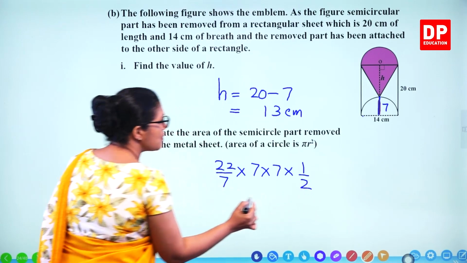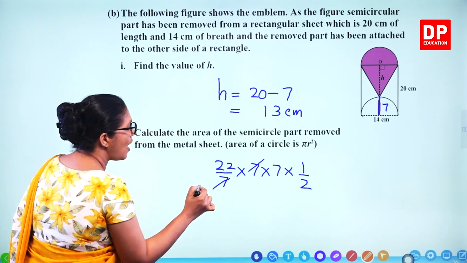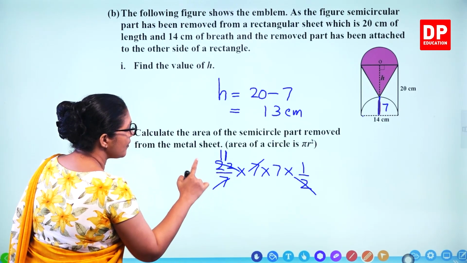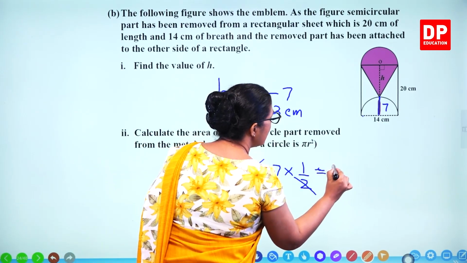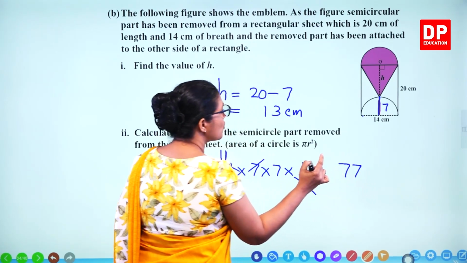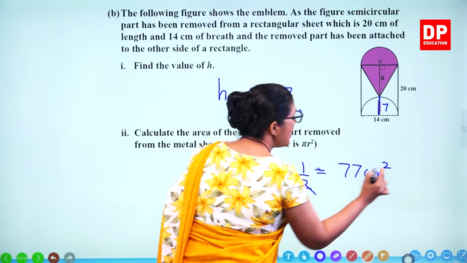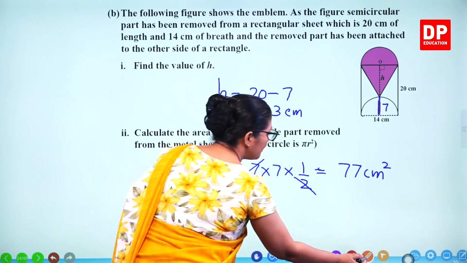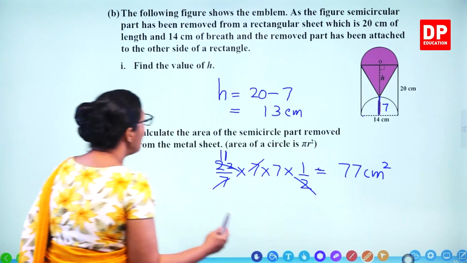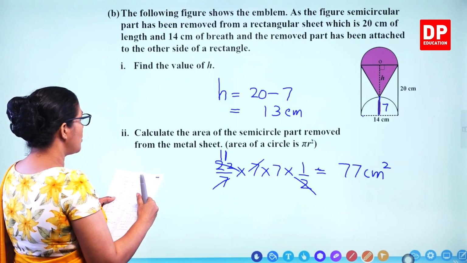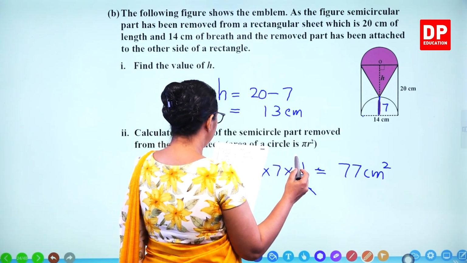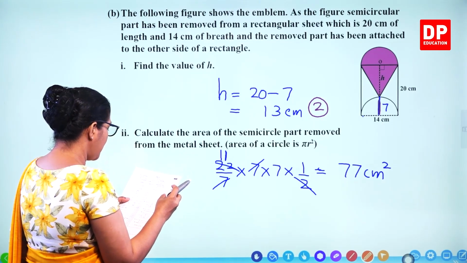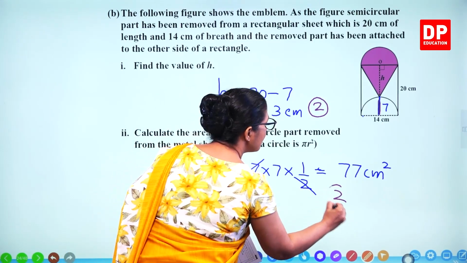Divide by 2, multiply by half. 7 gets cancelled out, 2 with this 22 gives 11. 11 times 7. 77 square centimeters is the area of the semicircular part. So we'll see how many marks now for these two steps. H is 13, so you get 2 marks. And 77, again 2 marks.